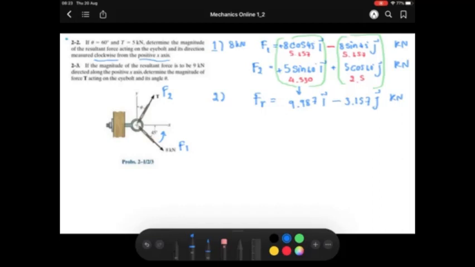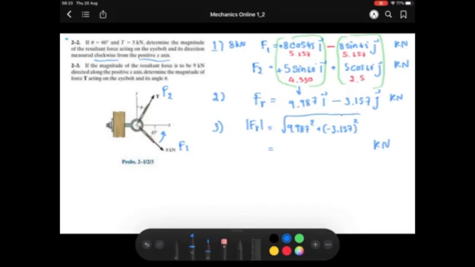And the last step, you find the magnitude of it. The magnitude of the resultant force will be equal to the square root of 9.987 squared plus negative 3.157 squared, and the answer is in kilonewtons.